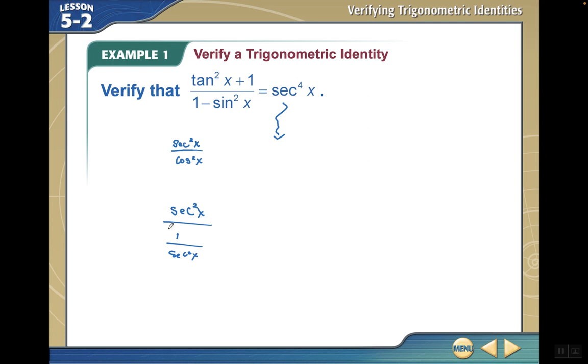As you know, when you divide by a fraction, we can just multiply secant squared x times secant squared x over 1, which gives you secant 4 x, which verifies it. I'm going to click through their work too so you can see theirs.